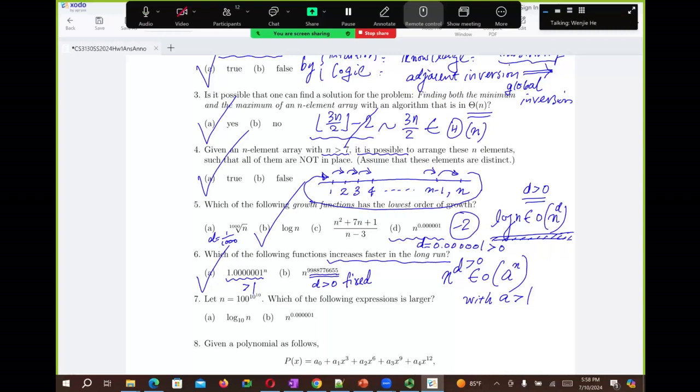Because the first one has a base so close to 1, although you can do a large number of self-multiplications, based on their intuition it should increase very slowly. The second one, n is a very large number and the exponent is also very large, so they feel the second one should be increasing much faster.